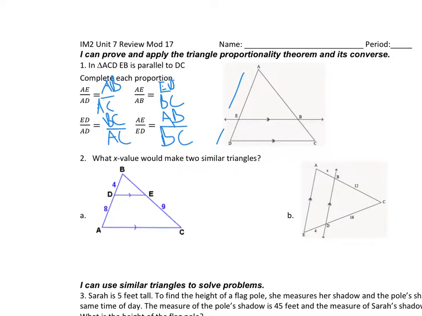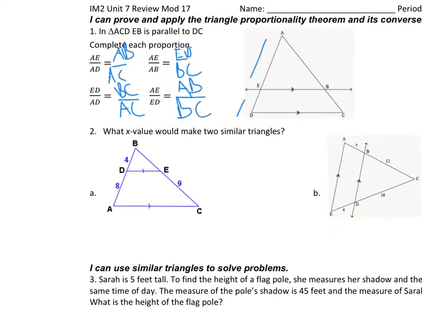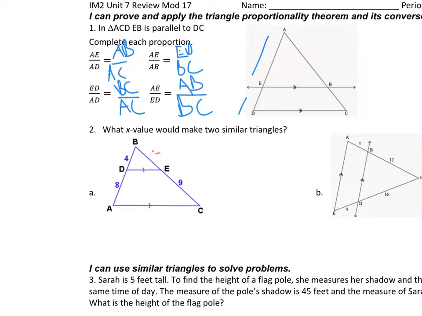All right, number 2 for A and B, if we know that we have parallel lines in a triangle, we have the triangle proportionality theorem, which states, and let's call this X, that as we compare our values, those are going to be the same.